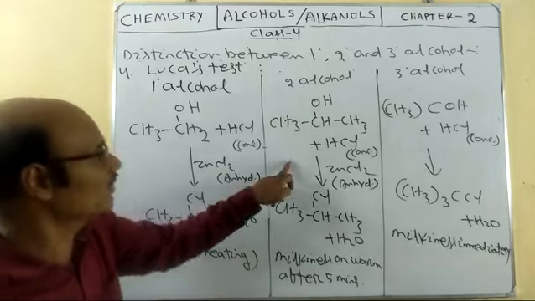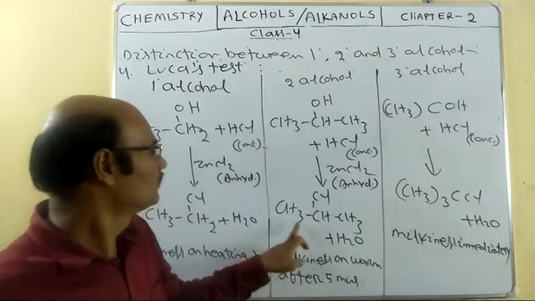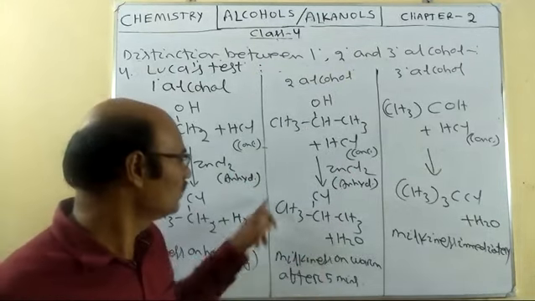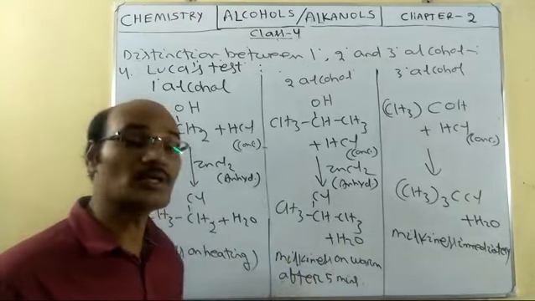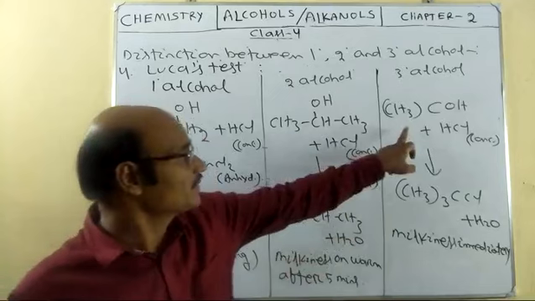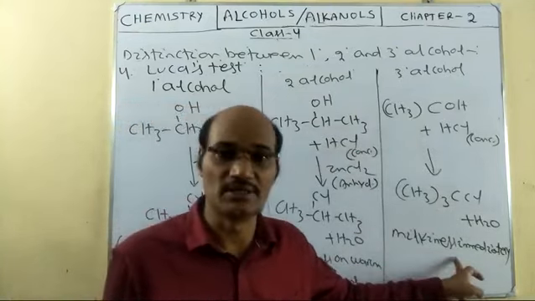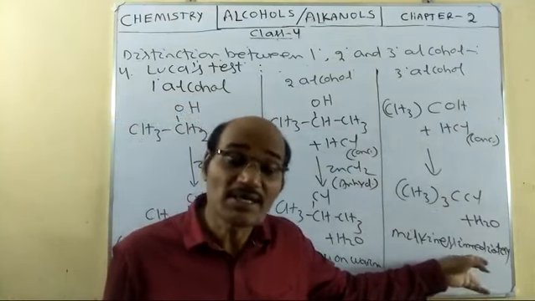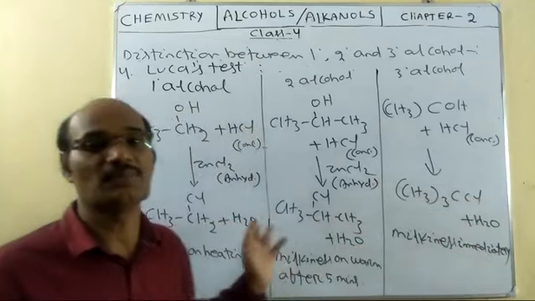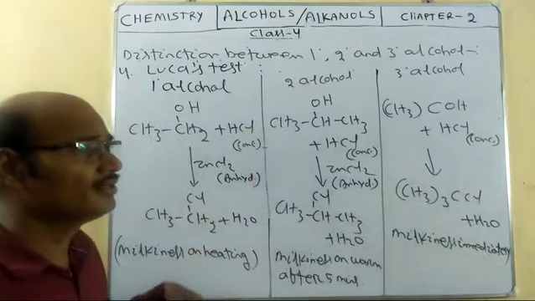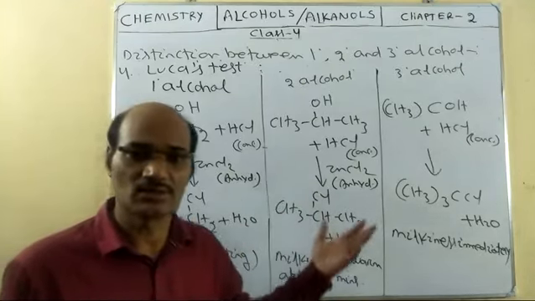In case of secondary alcohol, with concentrated HCl and ZnCl2, similarly haloalkane and H2O, also the milkiness or cloudiness appears on warming after 5 minutes. And in tertiary alcohol the same thing happens, but milkiness appears here immediately. And this is because of the different reactivity of the alcohols. Tertiary are more reactive than secondary and primary. So this also indicates a distinction between primary, secondary, tertiary alcohol.